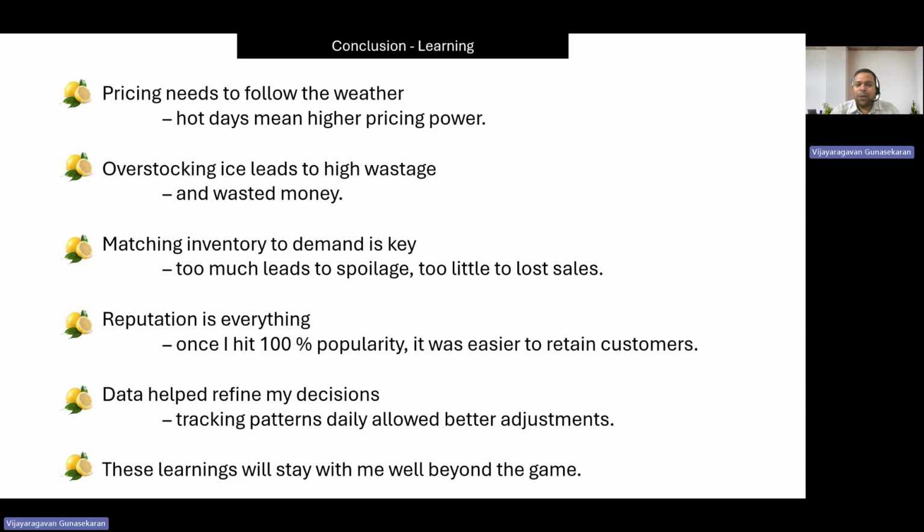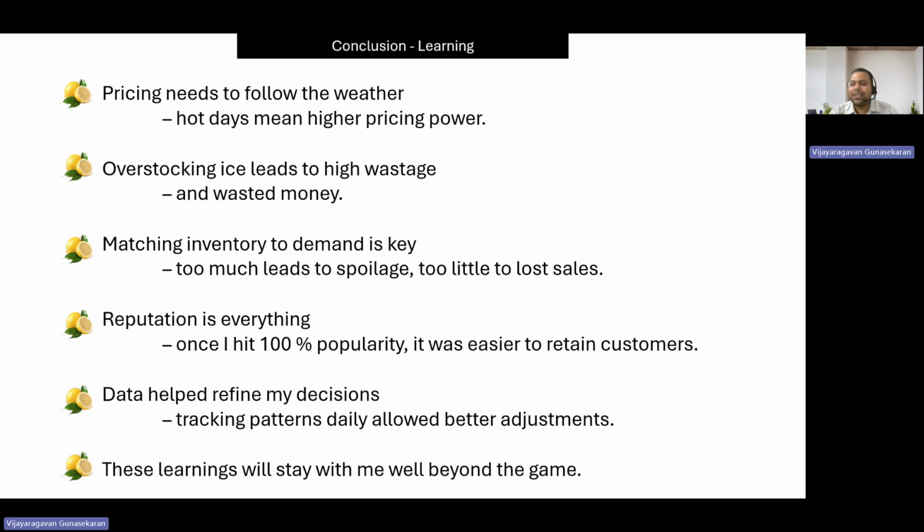Now, concluding this presentation, this simulation has been an eye opener. Just started with $20, and I was able to achieve $216. It's like $196 of gain. I learned how very simple, small decisions impact customer satisfaction.